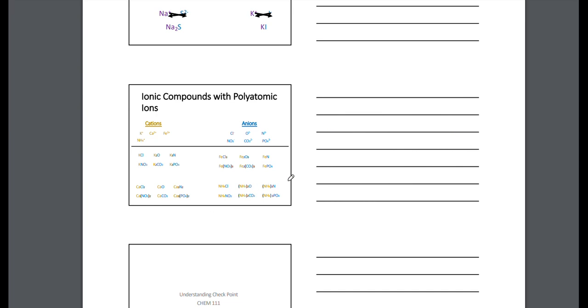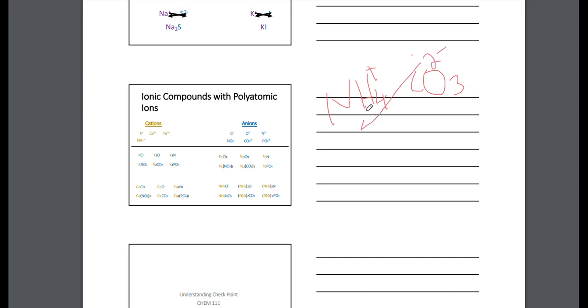Let's do the ammonium, for example. So if you go to ammonium, let's do this one right here. So ammonium, for example, NH4, has a positive charge. Carbonate has 2, so NH4 positive has a negative 2.